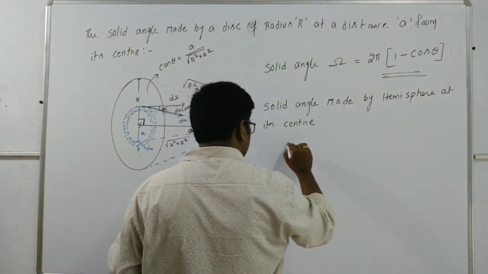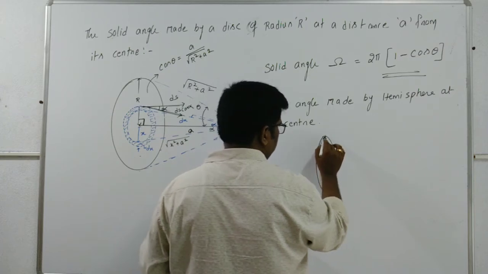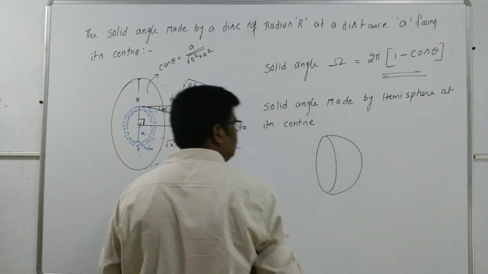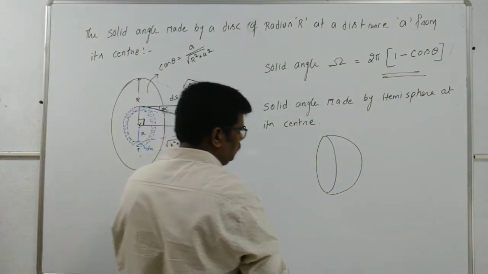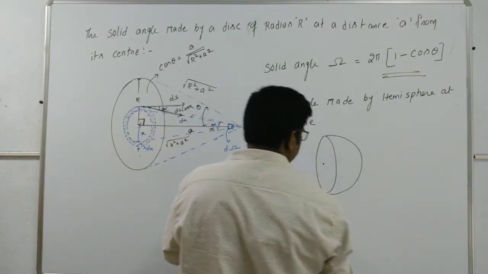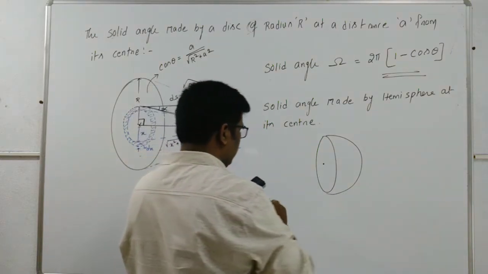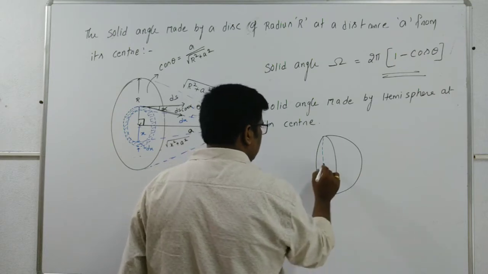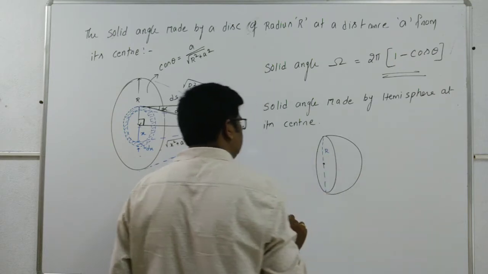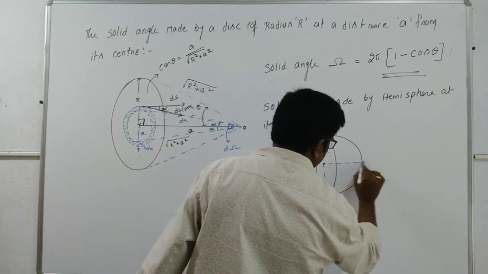What is a hemisphere? You know well, it is half of the sphere. This is the hemisphere, and this is the center. If we want to find the solid angle made by the hemisphere, we take the radius R, and this is the axis.